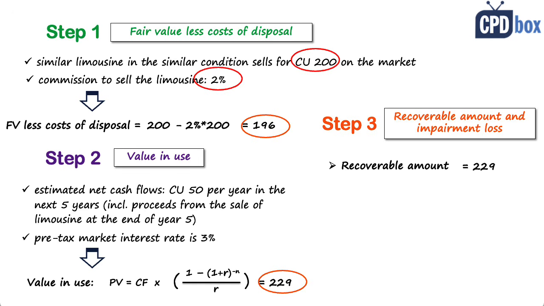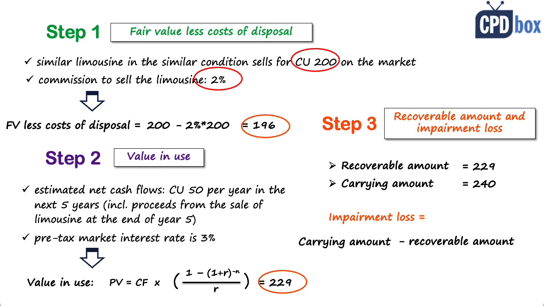Let me remind you the carrying amount, which was 240, just taken from the books. And so the impairment loss is calculated as the carrying amount less recoverable amount, value in use in this case, which is 240 less 229. This gives us 11. So this is the impairment loss.